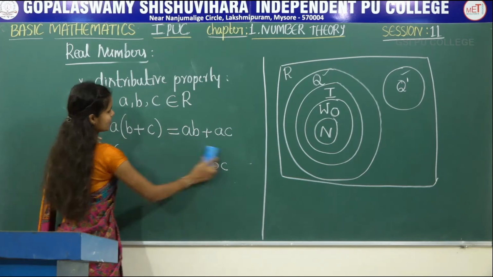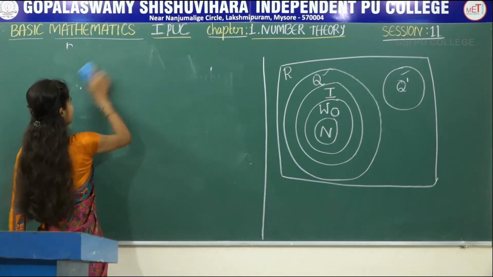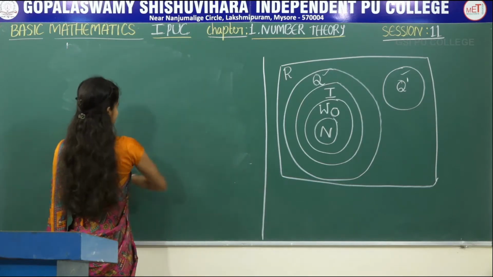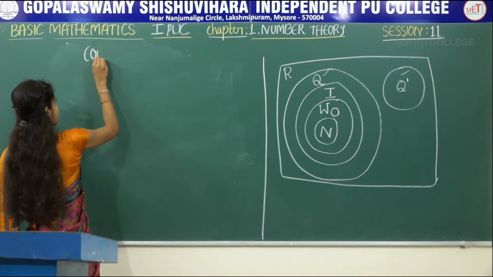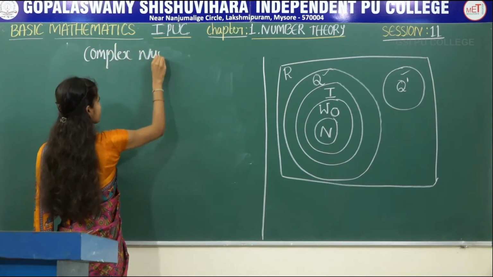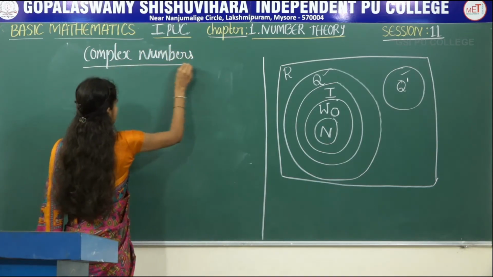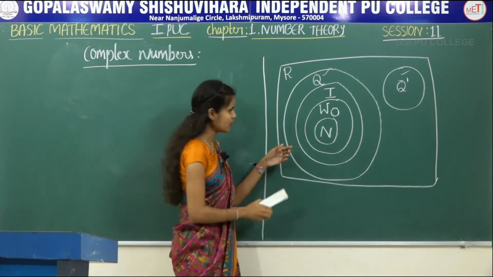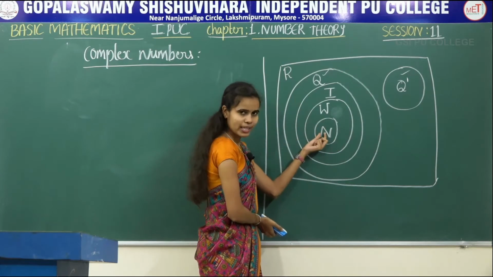Okay. Next let us discuss the next number system, that is called complex numbers. Here observe: whole numbers include natural numbers.